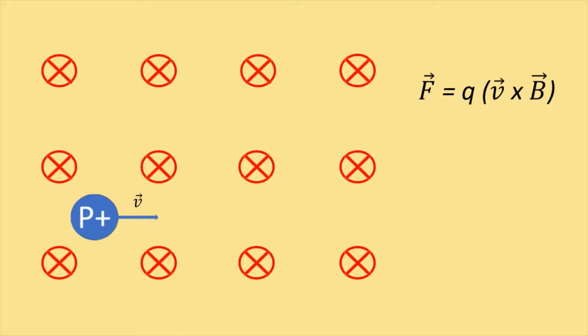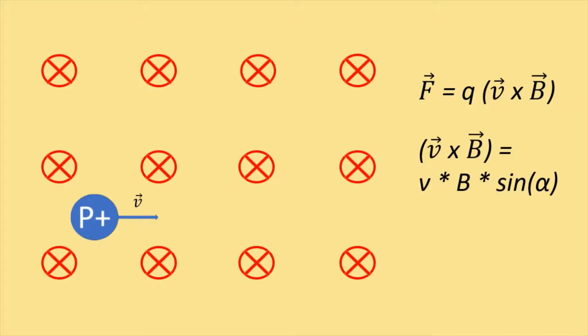The result of this cross product will give us the direction of the final force, right? The proton could go anywhere. It could go to the middle, or into the screen, or outside the screen. We want just one direction, and this cross product will give us that, and we will show how it's done.